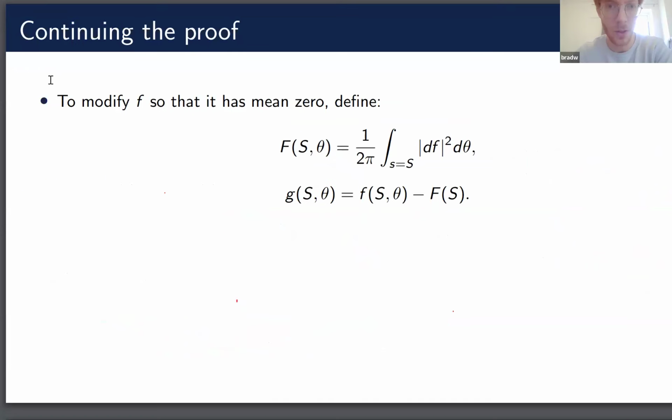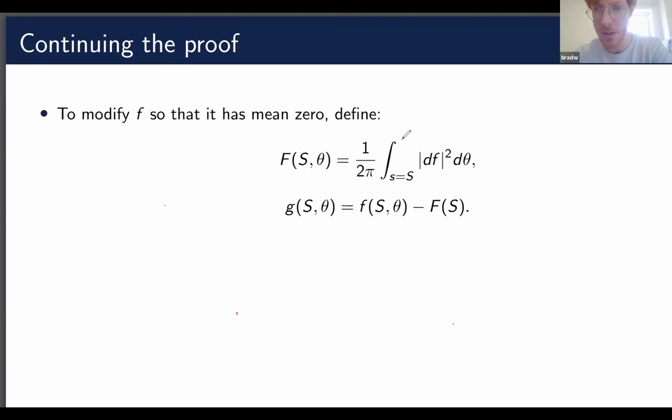Okay, so let's begin the proof, and it'll become clear why we're doing this in a second. Let's define this capital F as the average of the energy over one slice, I guess, of your cylinder.